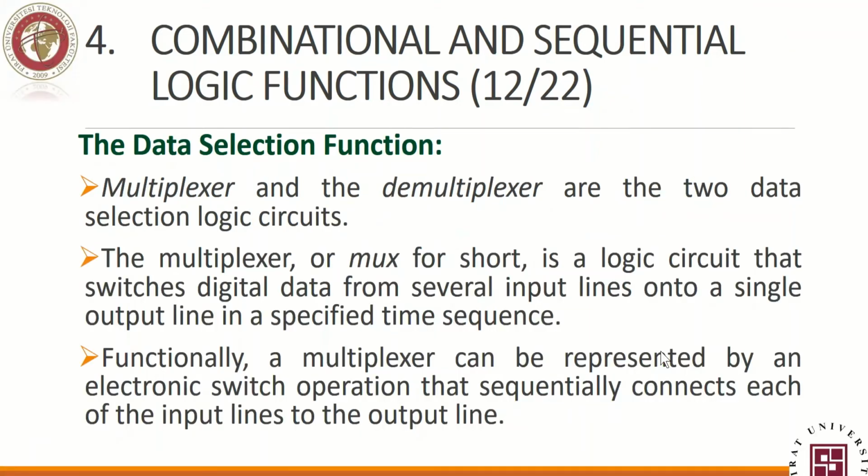Okay. Data selection. For data selection, we have two main applications of digital circuits. We have a multiplexer and the opposite of the multiplexer, the demultiplexer.